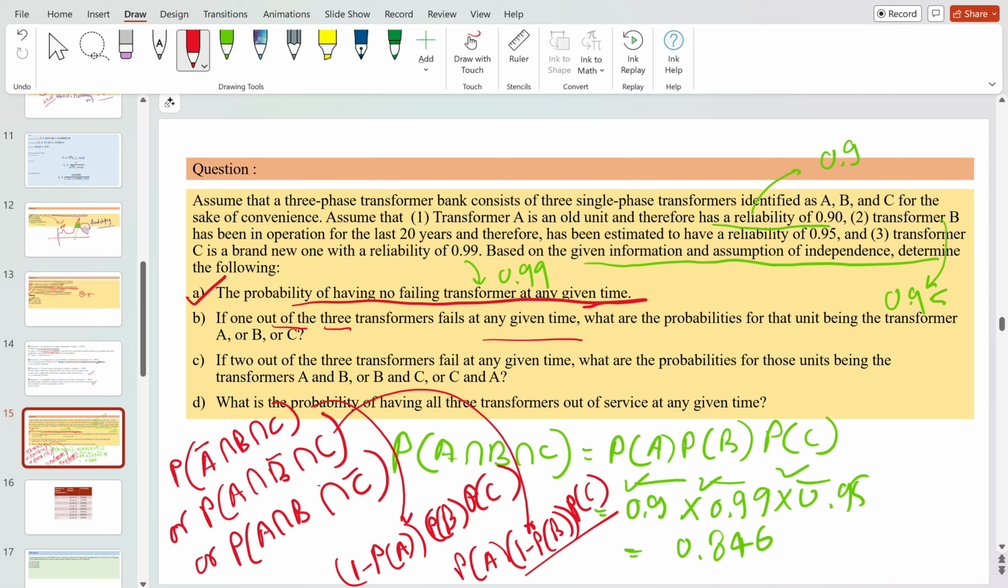Solve for part D. Okay, part D, 0.0005. Others also, I request to solve.